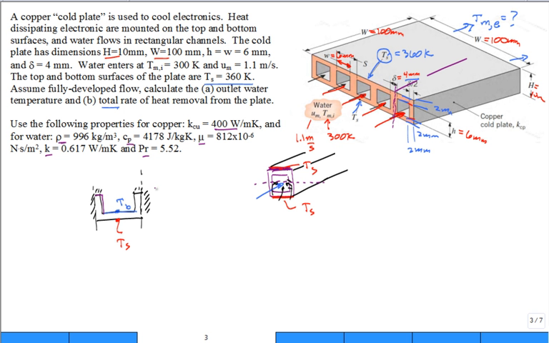I would assume that TB is the same going all the way across right here, and you can model it like this, even put those two halves together, and what you'll have is a fin that's insulated, and it has a thickness delta.